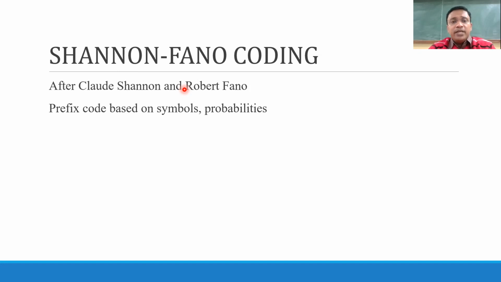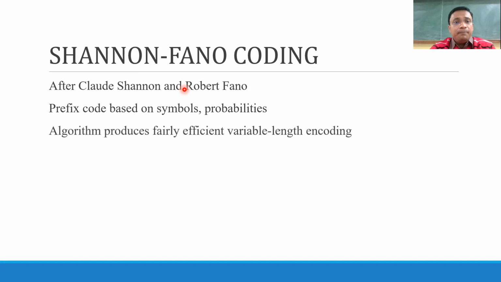Our Shannon Fano coding will be based on the symbols given to you and obviously their probabilities of occurrence. So it's very important in that way. This algorithm will produce a fairly efficient code, but I will not say that it is completely efficient. It will be fairly efficient, and variable length encoding is our primary requirement for any efficient code, so it suffices for that also.